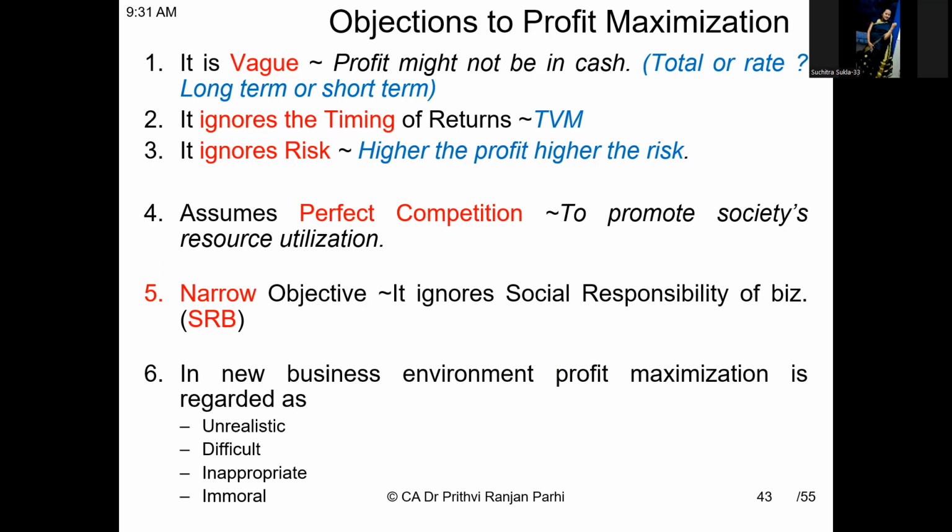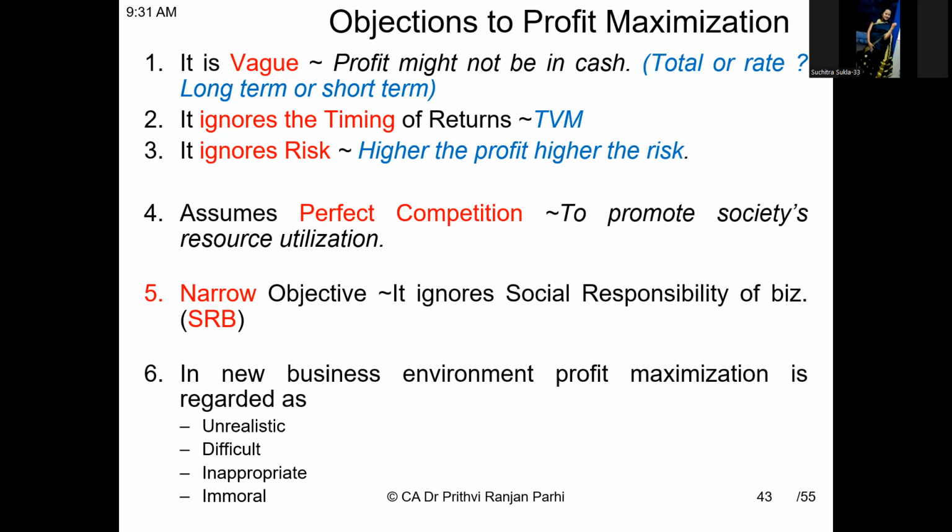And when I say that you are going to maximize profit, I'm also ignoring the timing of the return. Let us say one business A is giving you, let us say, 20,000 profit today. Business B is giving you, let us say, 25,000 profit.